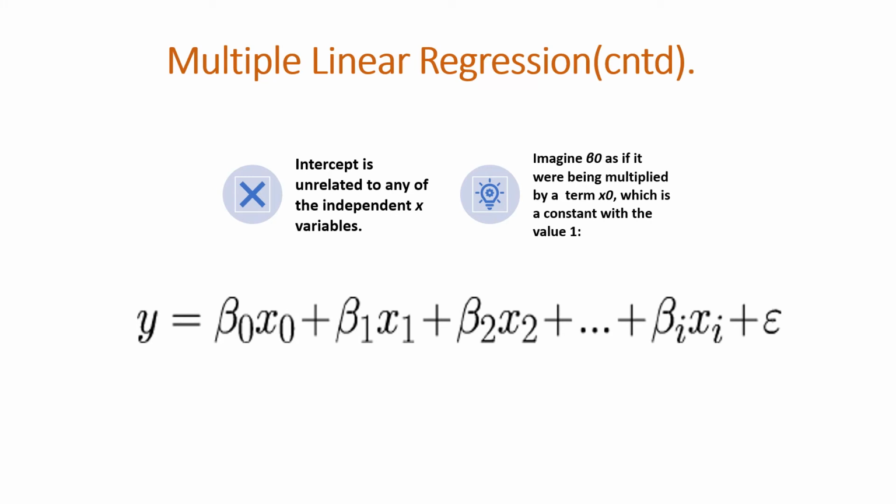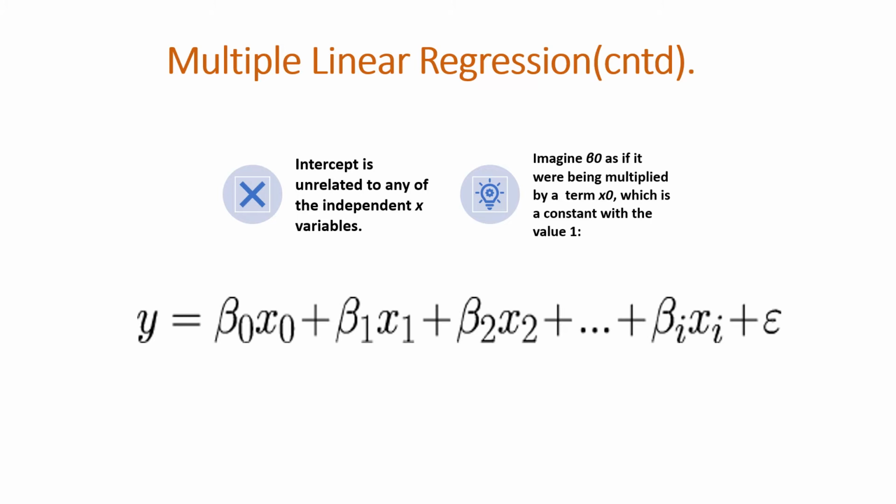The intercept is unrelated to any of the independent x variables. So we have beta 0 with us. Imagine this beta 0 as if it were being multiplied by a term x0, which is a constant with the value 1. To write the equation in a uniform way, we add one more term, x0, a constant with value 1, which does not make any change to the value of beta 0.